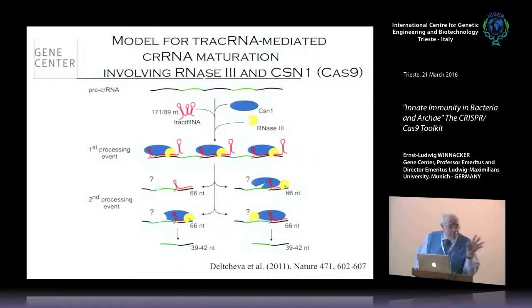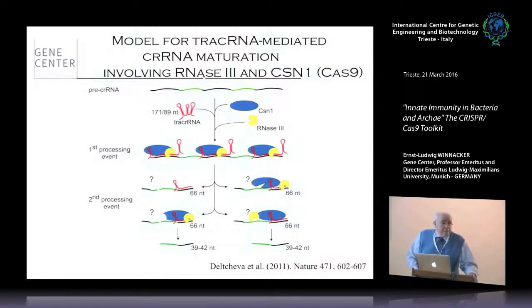And I showed you that they have a short stretch of sequence homology, and then they bind to each other, and then the RNA processing enzyme binds and cuts it eventually to 39 to 42 nucleotides.